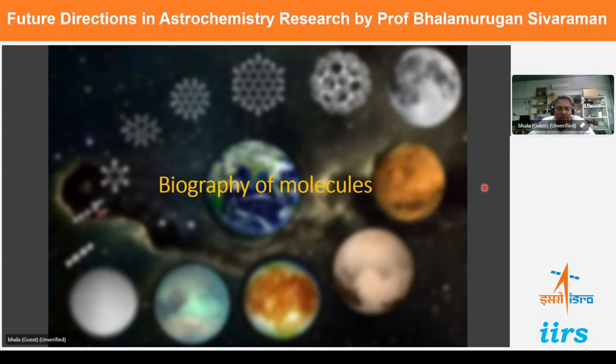So there is a good amount of interlink between people who do atomic physics and molecular physics and planetary science. But what about the molecules, the biography of molecules? Why do we call it the biography of molecules? The moment atoms exist, they tend to form molecules. Chemistry has to be there.